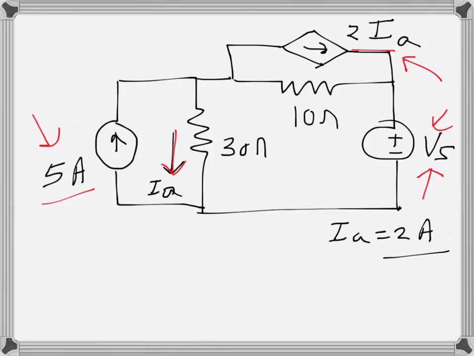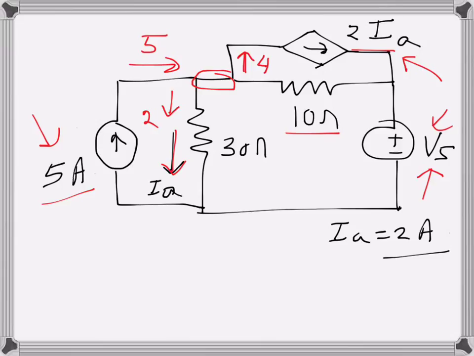So what we have here, we have a 5 ampere current entering here, 2 ampere current leaving here, and then this is the node here. So here we have 4 ampere current leaving. So we need to find what is the current through this 10 ohms resistance.